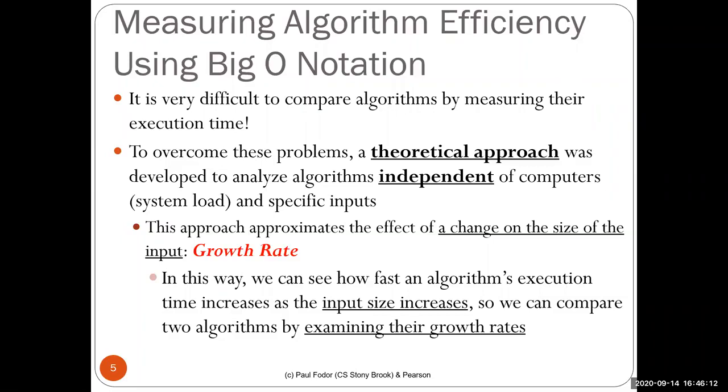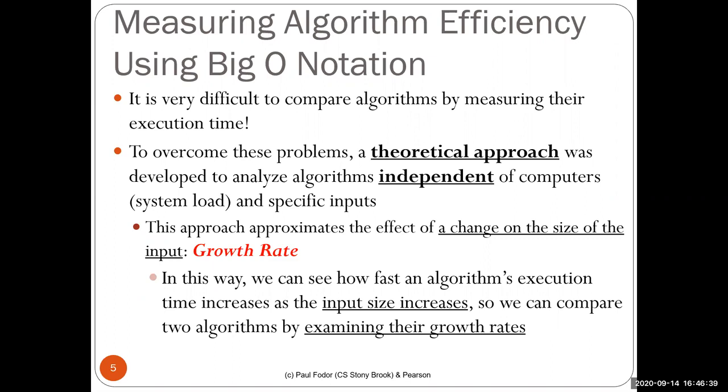This was developed by many different computer scientists, but Donald Knuth is the main one who developed a lot of algorithms and measured them with the big O notation. This approach is based on the change in time versus the size of the input, so this is called the growth rate.